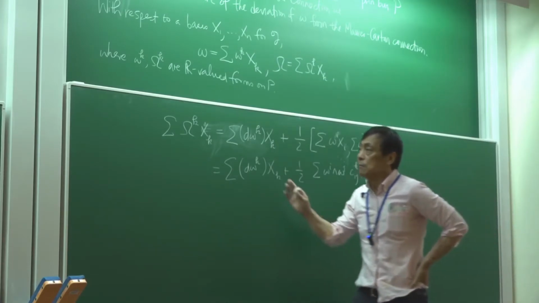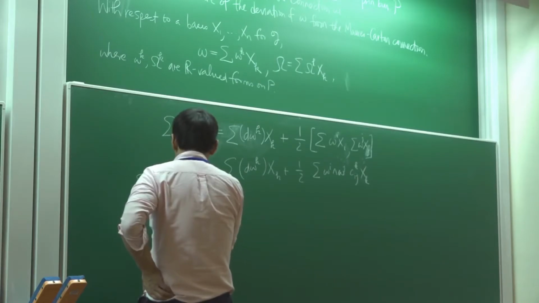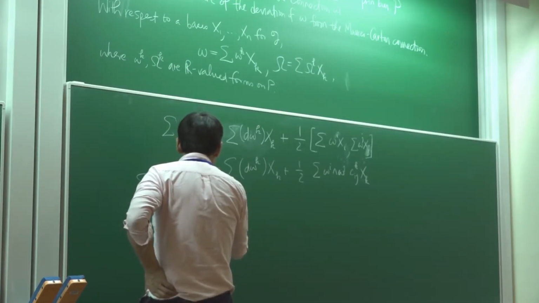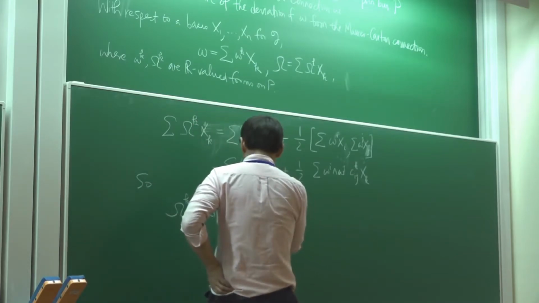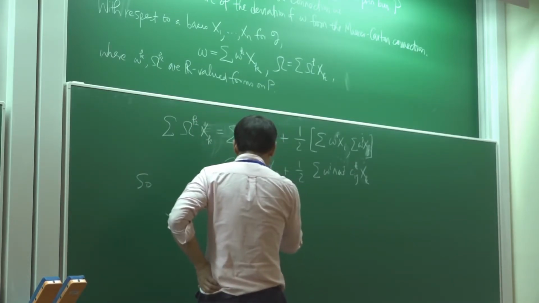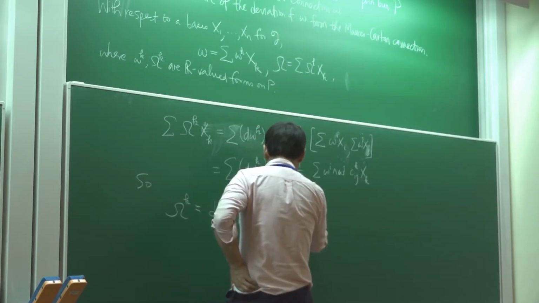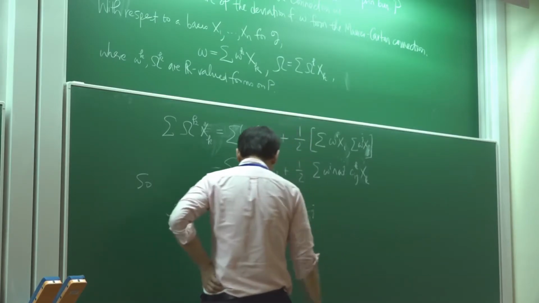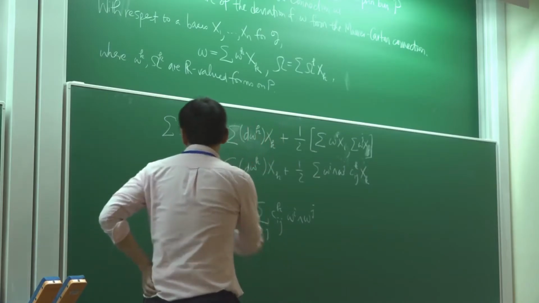And now if you compare the coefficients of xk, you get big Omega k is d little omega k plus 1/2 the sum of c_ij^k omega i wedge omega j over i, j. Okay?